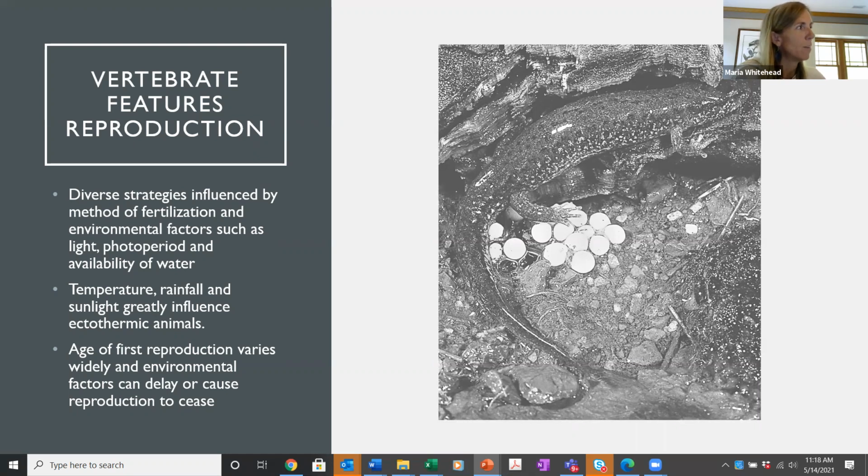Temperature, rainfall, sunlight, all are influenced even more so in ectothermic animals. And we see a huge difference in age of first reproduction, and that can vary widely in vertebrates as well.